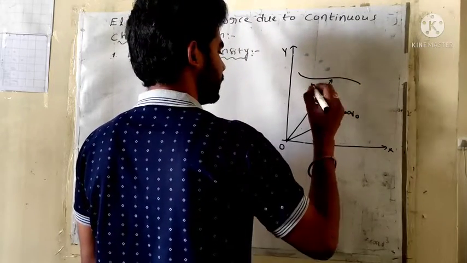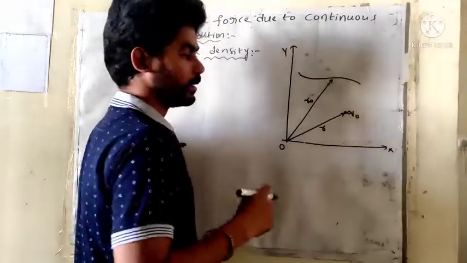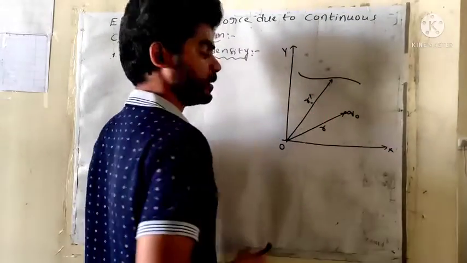This distance is r naught, otherwise r dash.